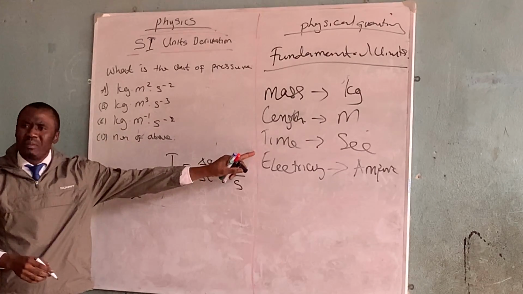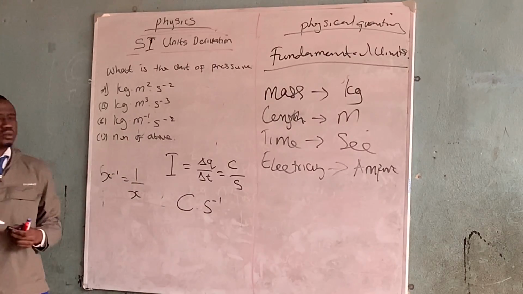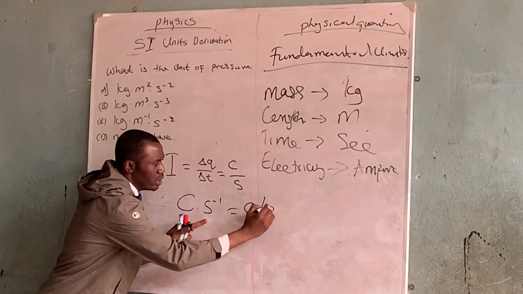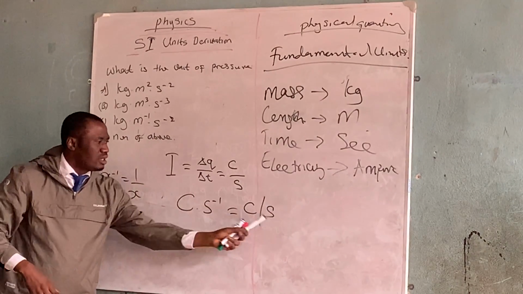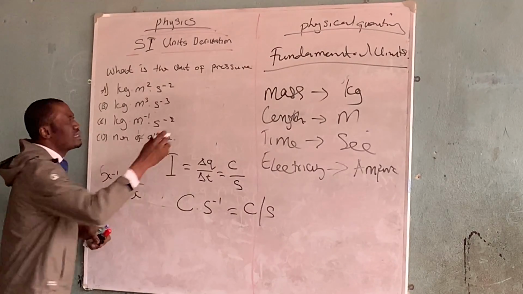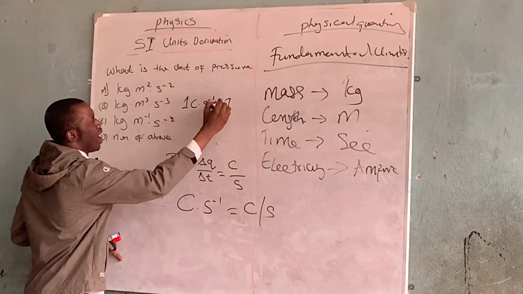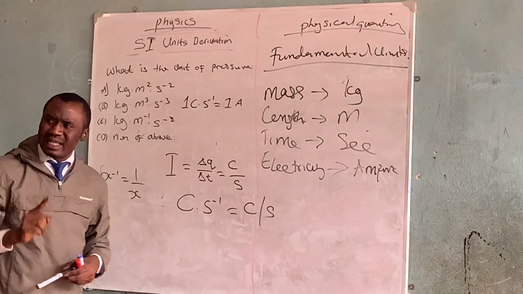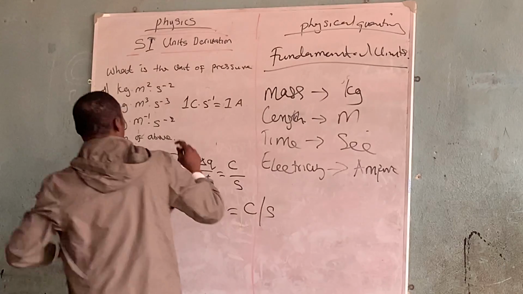If this x becomes seconds, it becomes coulombs per second. This one is also equal to this one; the only difference is that one has been divided and the other has not. So you can say that 1 coulomb per second is equal to 1 ampere. You can also say 10 coulombs per second.